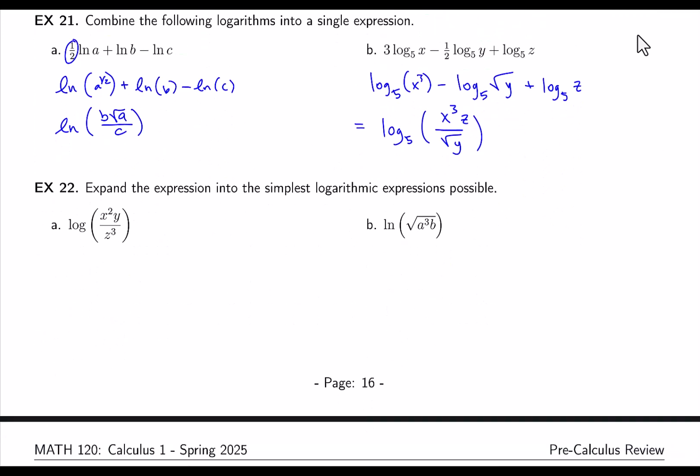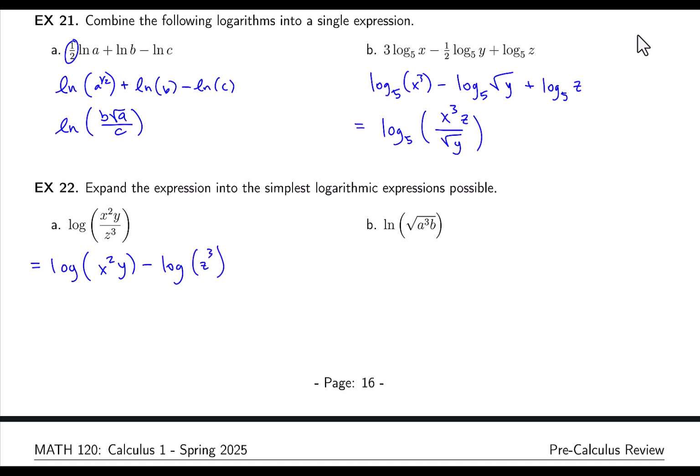Going the other direction is the exact same skill set. It's simply using the rules in reverse. First off, I can split this up into two logarithms that are subtracted because of this division bar right here. So log of the numerator minus log of the denominator.